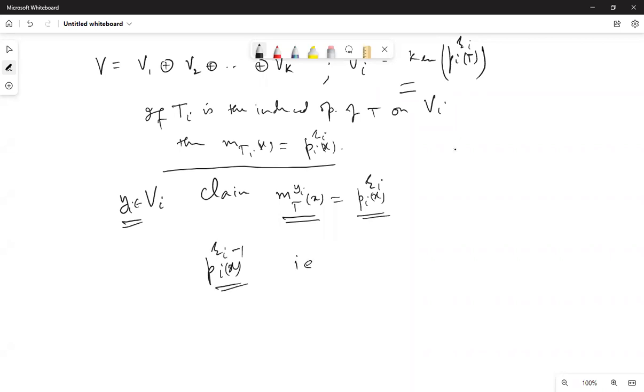That means pi(T) raised to the power ri minus 1 is 0 for all v's belonging to Vi. But if this is so, then pi(x) raised to the power ri minus 1 would be the minimal polynomial.